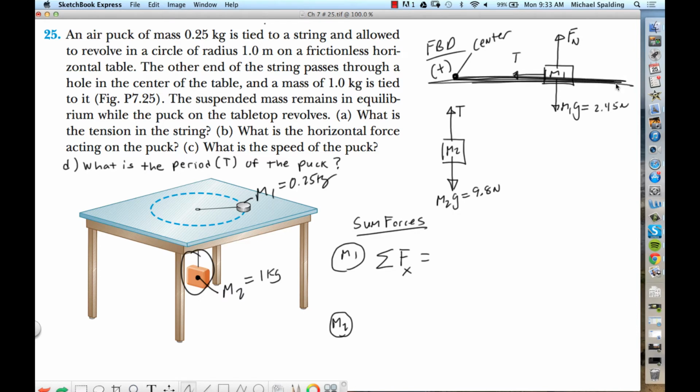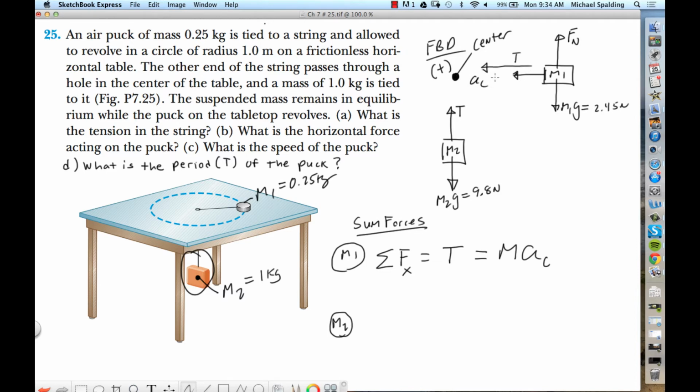What is it? Tension. So tension equals ma. Now look, this a is a special a. It's centripetal. How do I know that it's a centripetal acceleration? Well, where's the center of the circle? The center of the circle is right there. What always points to the center of the circle?